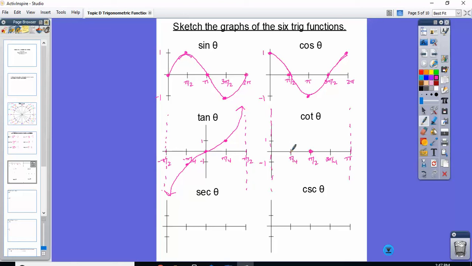Pi over 4, radical 2 over 2 divided by radical 2 over 2 is 1. 3 pi over 4, cosine is negative and sine is positive, so you're getting a negative 1. So it looks something like this.